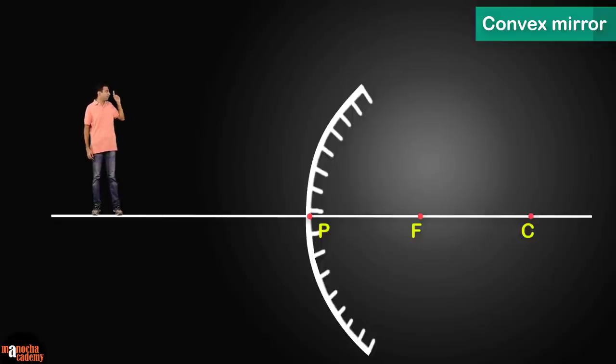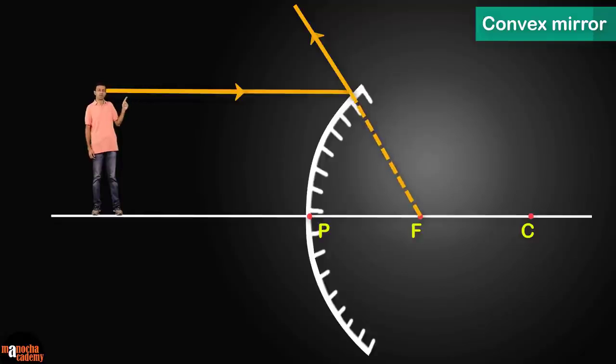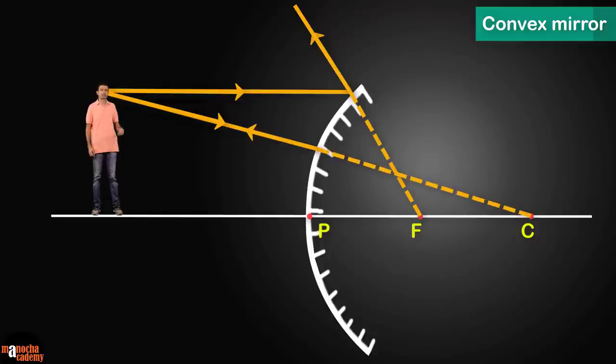The light ray that is parallel to the principal axis after reflection appears to be coming from the focus. And for the second ray, let's use Rule 2. The light ray which is going towards the center of curvature gets reflected back along the same path.